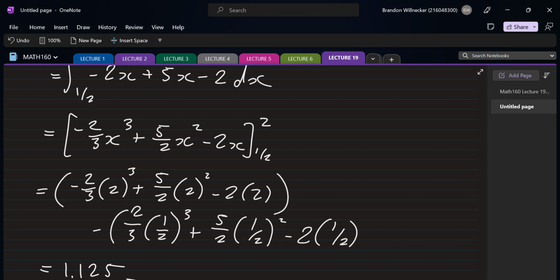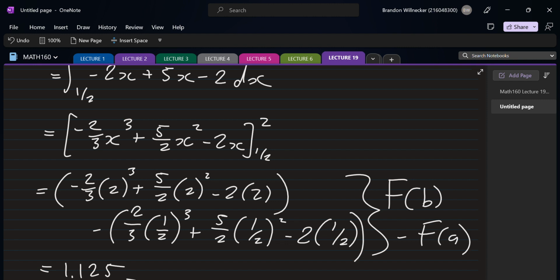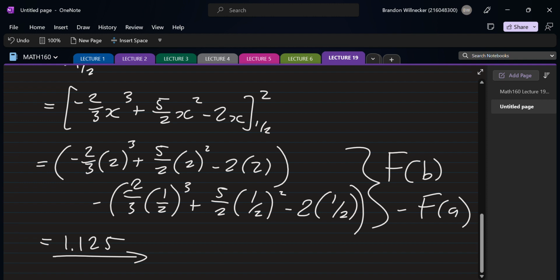So this step here, that's my capital F at b minus that. So yes, it's meant to be a minus 2/3 there. Yeah, check your minus signs.